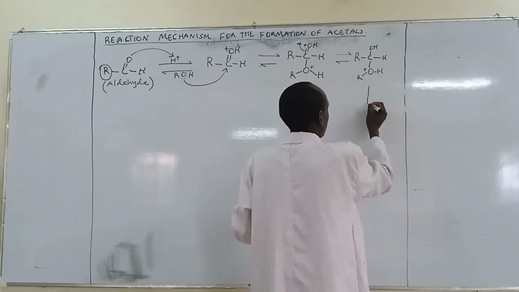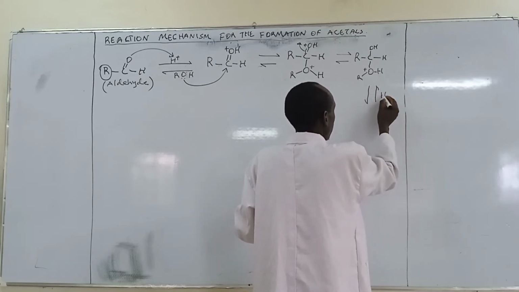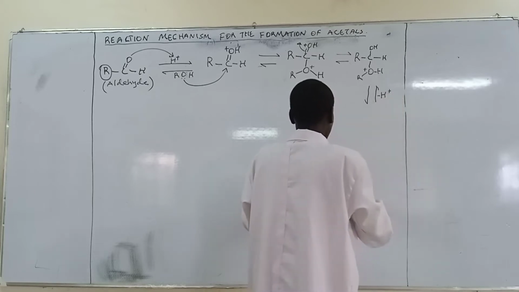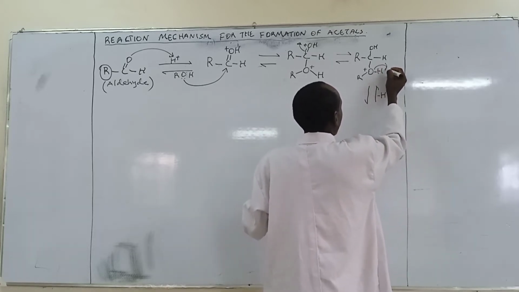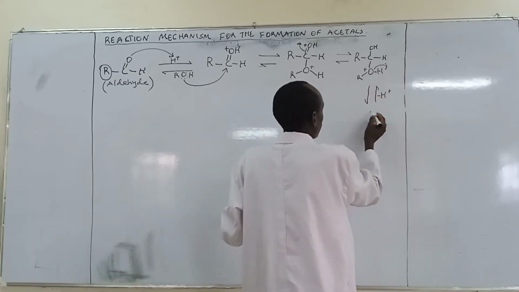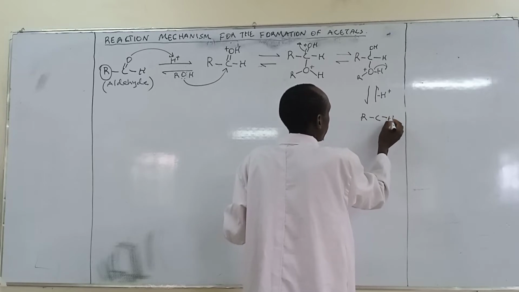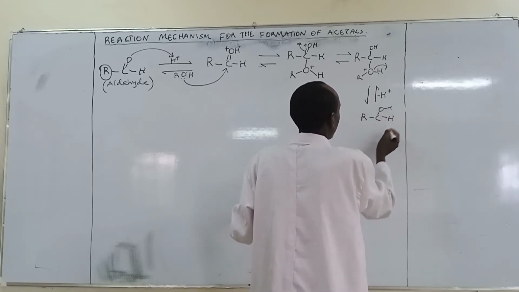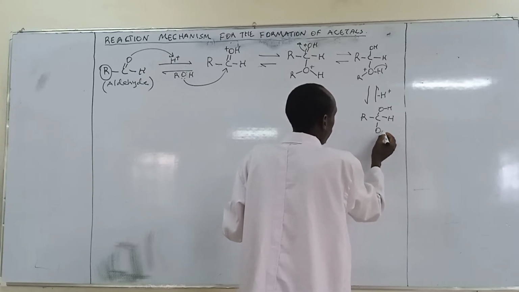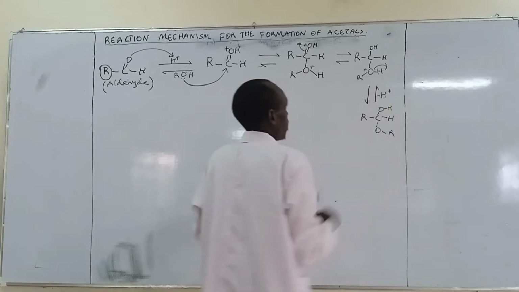So we are going to have hydrogen leaving, so minus hydrogen, so that this bond breaks like that. So we shall have R, then C, then H, then O bonded to H here, then our O and R. Now the hydrogen has left.